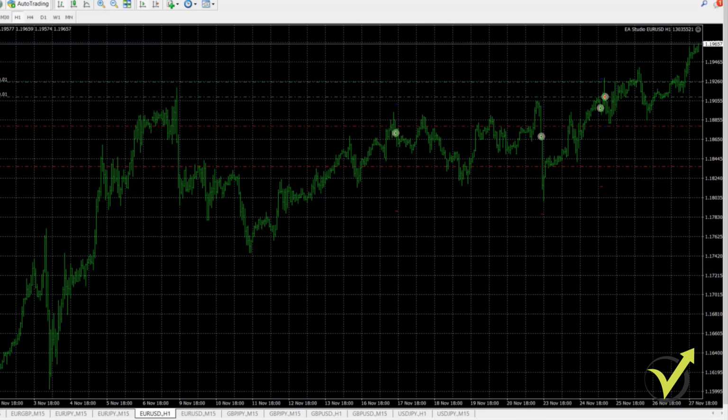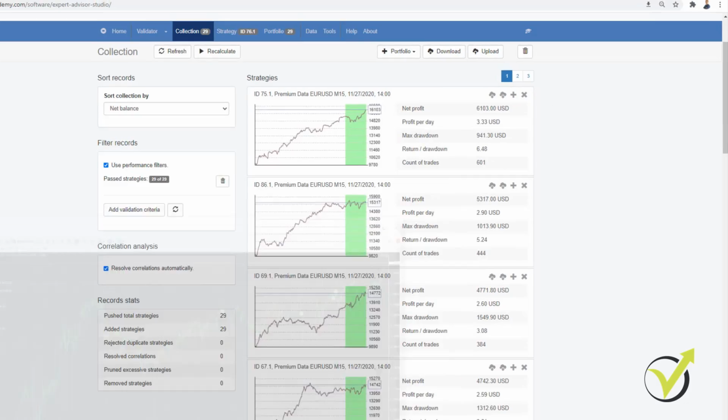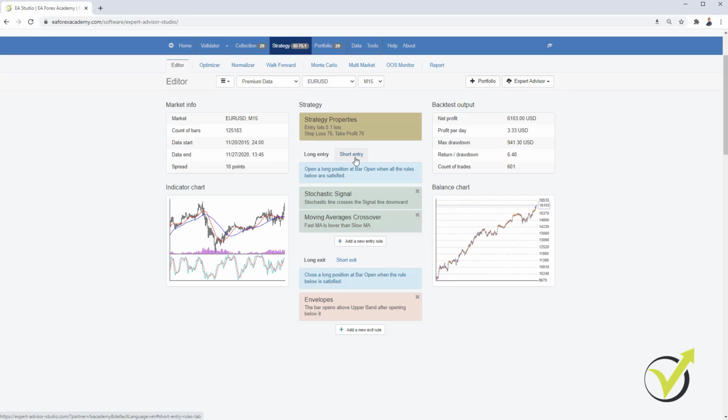Let me show you how you can recognize these strategies in EA Studio in the collection. If I click on the first strategy, let's see what we have here. Stochastic line crosses the signal line downward, and this is for a long entry or a buy signal. One more time, the stochastic line crosses the signal line downwards, and the next condition is the fast moving average is lower than the slow moving average.